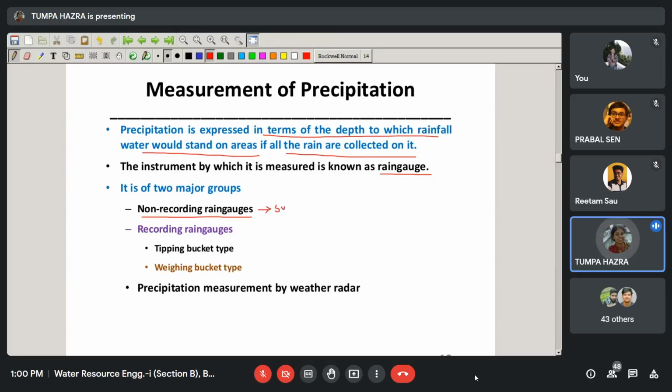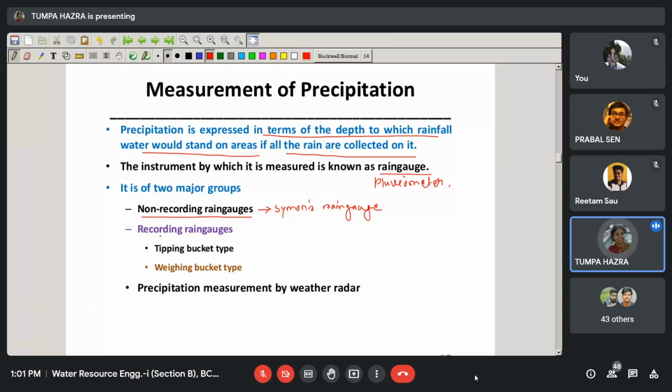And in India, the non-recording type rain gauge which is commonly used is known as Simon's rain gauge. And this rain gauge is also known as pluviometer, then ombrometer, hytometer, etc.